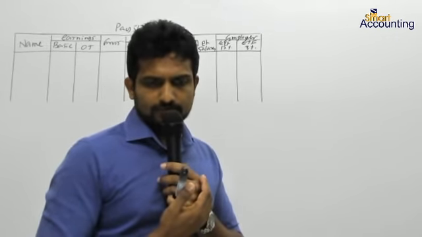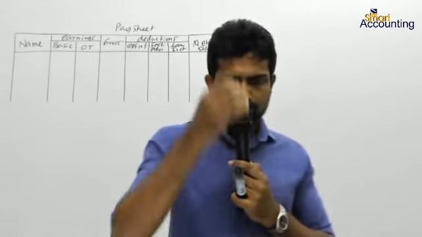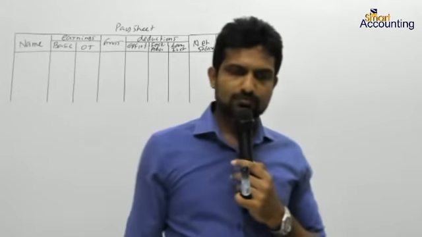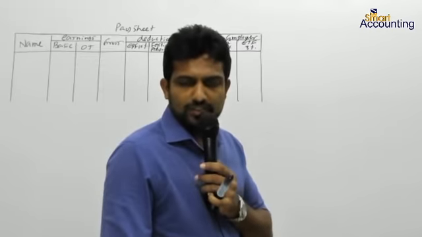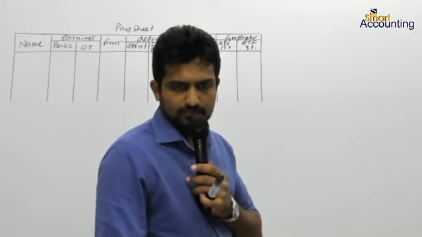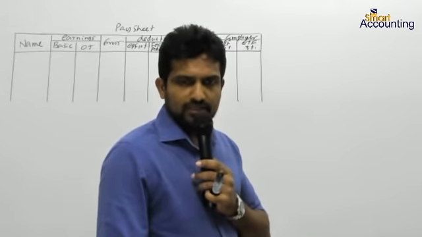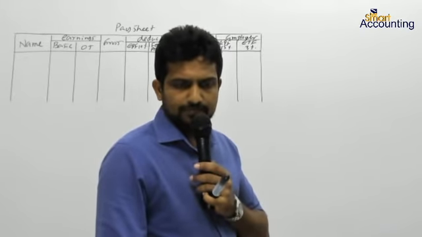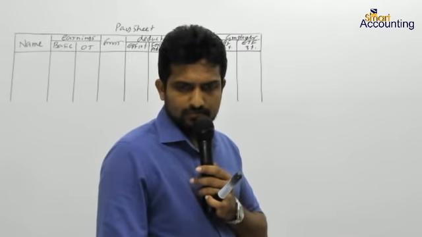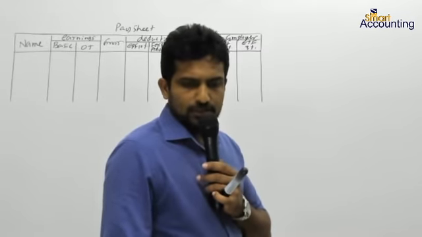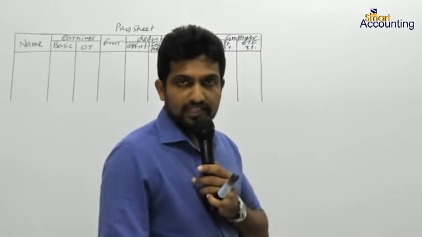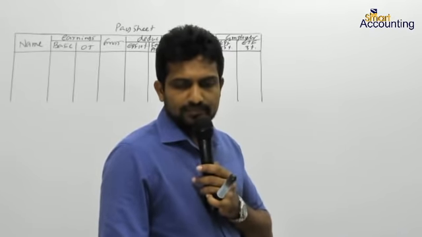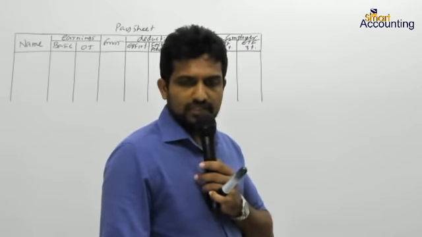Then overtime hours worked for the month. For the 8-hour days work, the normal salary is paid. The normal wage per 8-hour working day, you are given the daily salary. For that 8-hour working day, 400.